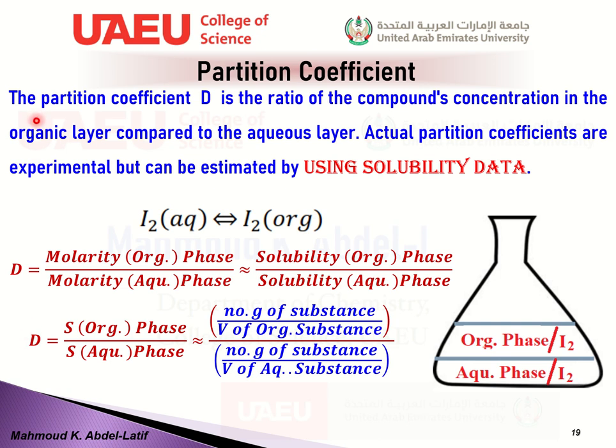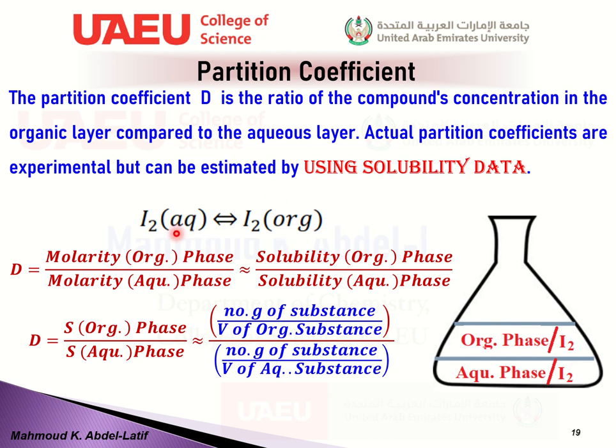Let us see this. The partition coefficient D is the ratio of the compound's concentration in the organic layer compared to the aqueous layer. Actual partition coefficients are experimental but can be estimated by using solubility data. So we can determine the distribution coefficient by solubility.